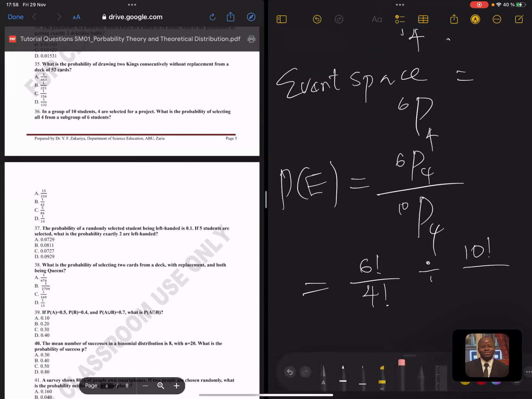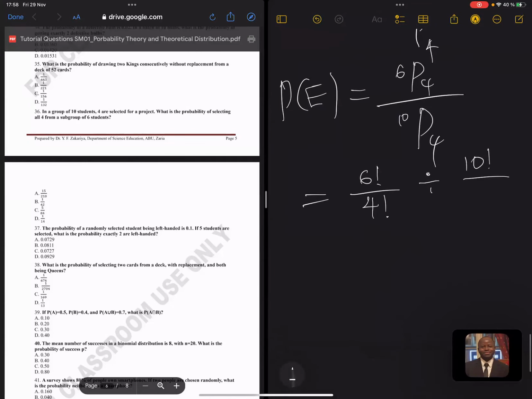Is this correct? What is n permutation k? Before we proceed, remind me. What is n permutation k? N factorial divided by, is it n minus k or k factorial?